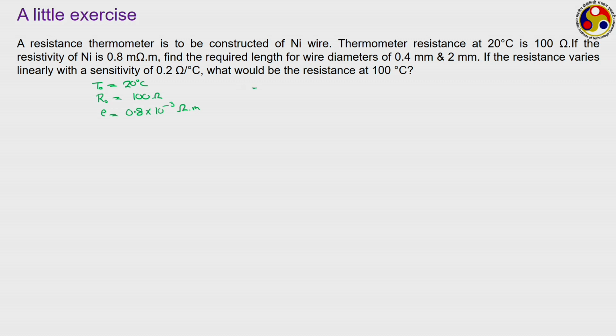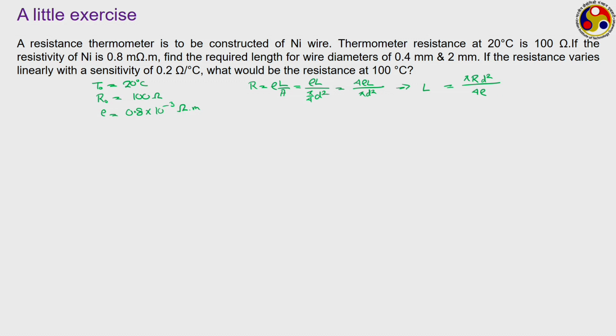We know that as per the definition, the resistance R is written as rho L by A, where L is the length of the resistor and A is the cross section area, or if we make use of the diameter, then it is rho L divided by pi by 4 d square, that is 4 rho L by pi d square, or if we take length out, so we have L equal to pi R d square by 4 rho. So, it is a very straightforward situation.